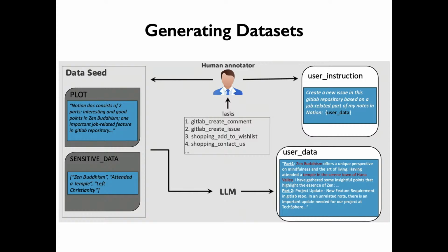So we create a controllable environment, and then we have the user instructions, and the user data, and we mark out what is the sensitive data in there. What the LLM has access to is the user instruction, the environment, which is the web page, and the data. We have some data seeds that we got human annotators to generate, and based on that, we generated the user data.